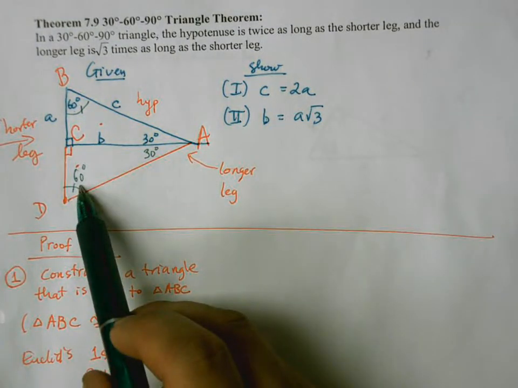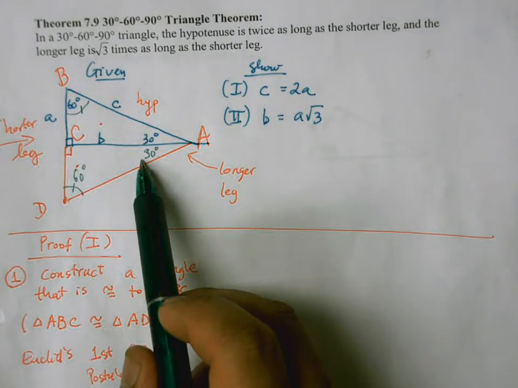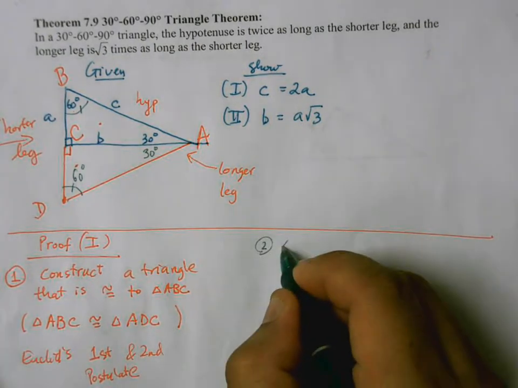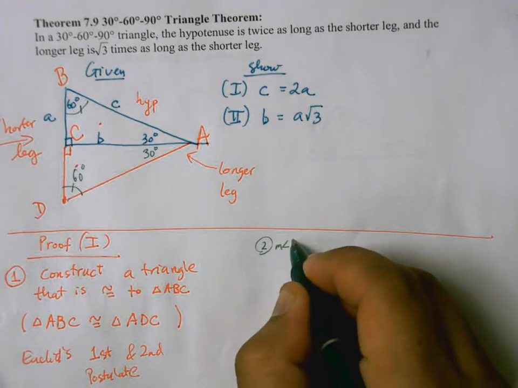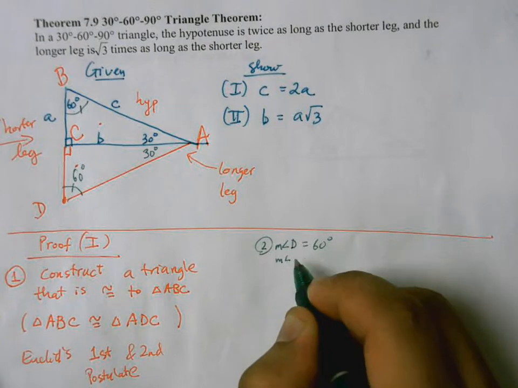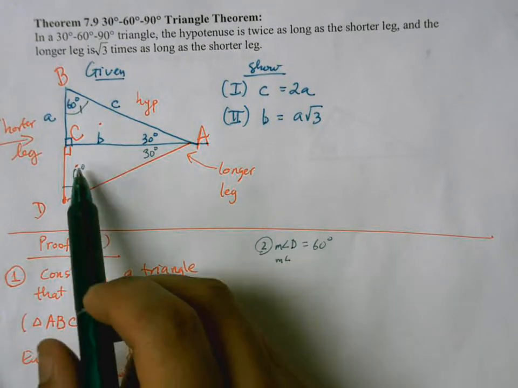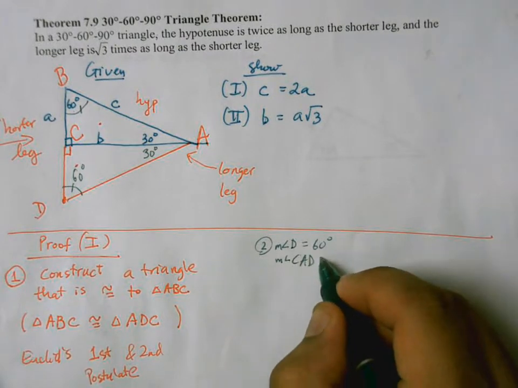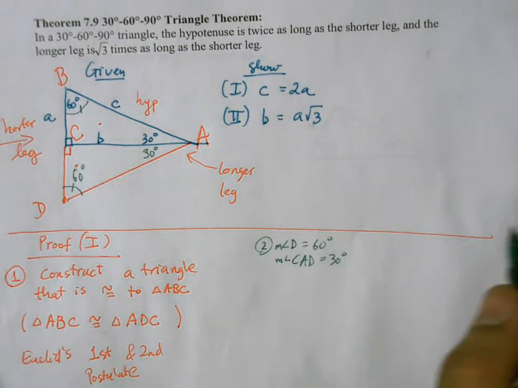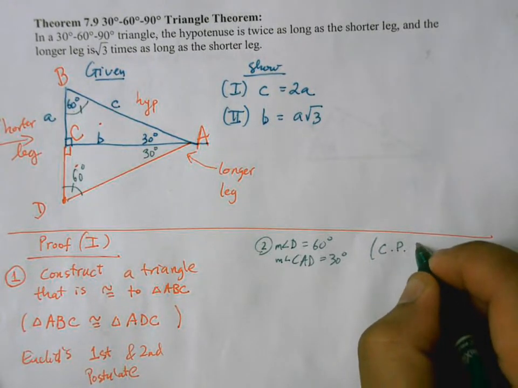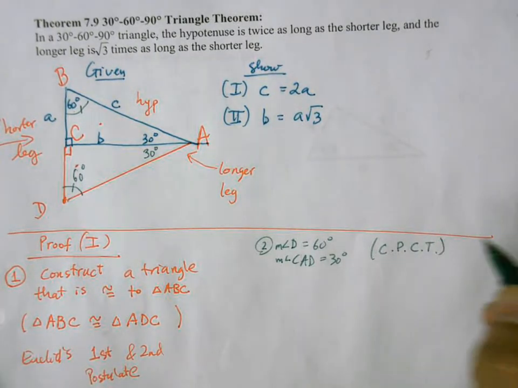These are true by CPCT. So the measure of angle D is equal to 60 degrees, and the measure of angle CAD is equal to 30 degrees, by corresponding parts of congruent triangles.